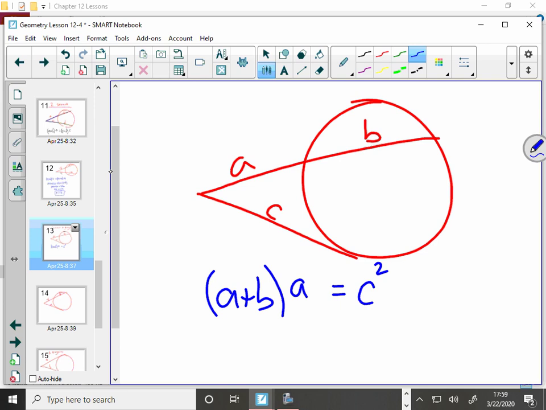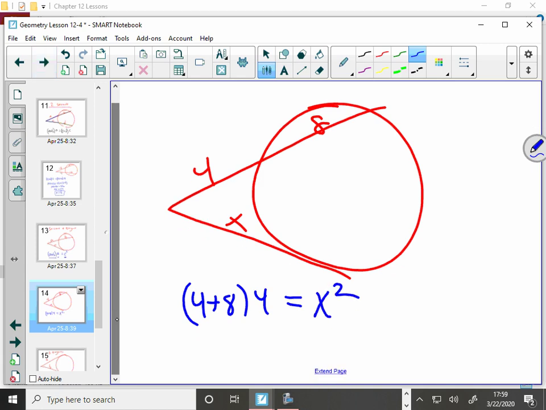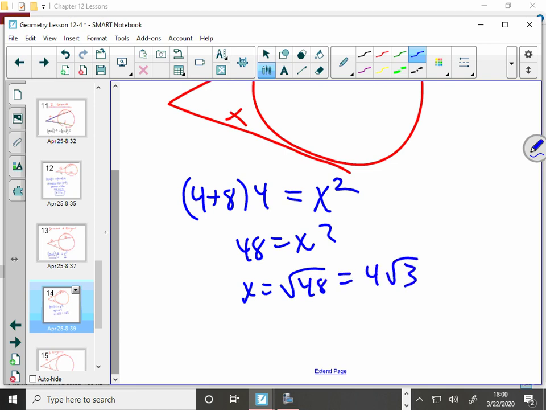For example, the whole segment in this case is 4 plus 8 times the outside part, which is 4, equal to the tangent segment squared. So that is 4 plus 8 is 12 times 4 is 48, equals x squared. So x is the square root of 48, or 4 square roots of 3.